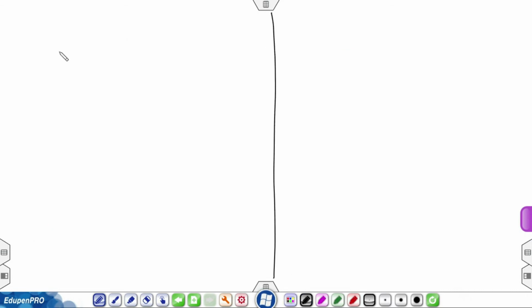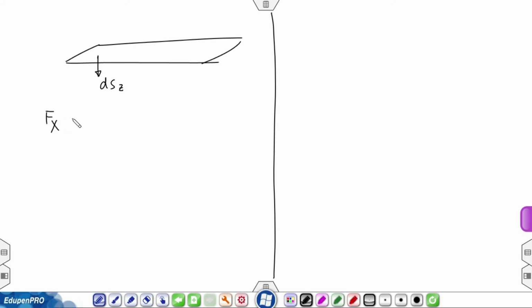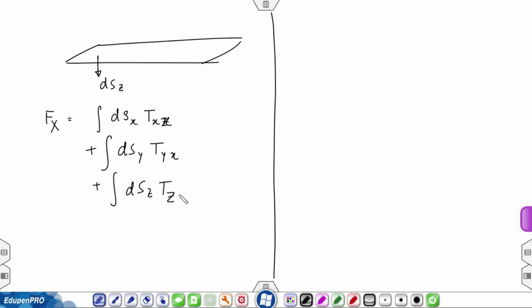Next, I am calculating the force on this plane which has only d s z. So, force d f x will be equal to integration d s x t x z d x x plus integration d s y t y x plus d s z t z x.